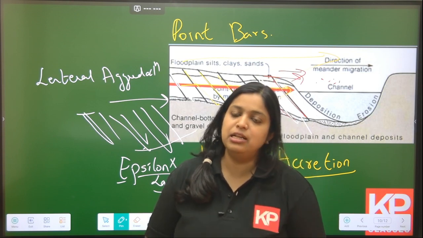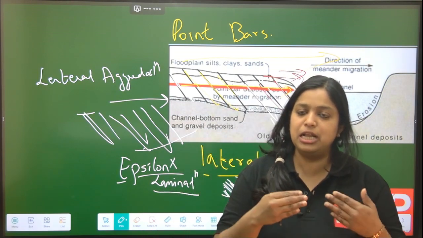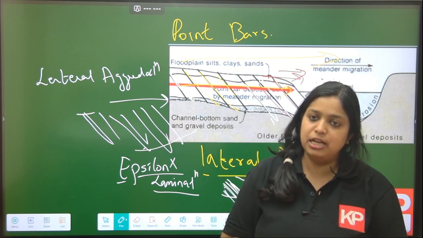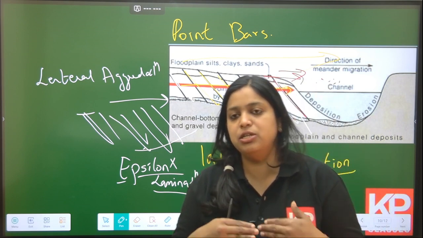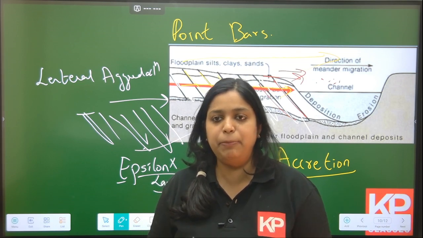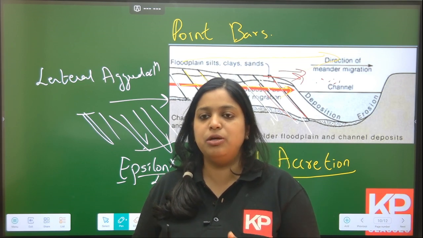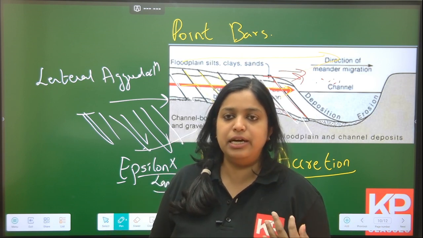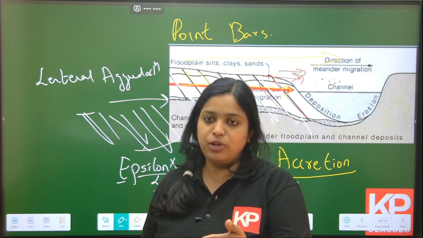In a meandering channel, whichever direction the channel migrates is roughly perpendicular to the direction of channel flow. Towards the direction the point bars are dipping the channel will be migrating, and perpendicular to that direction, the channel flow will be.